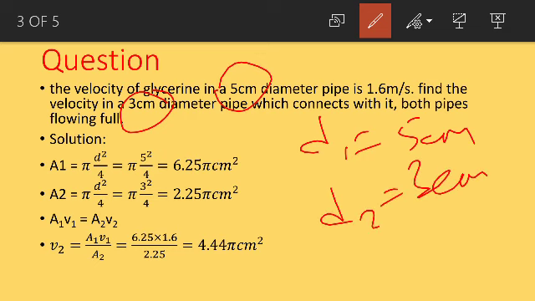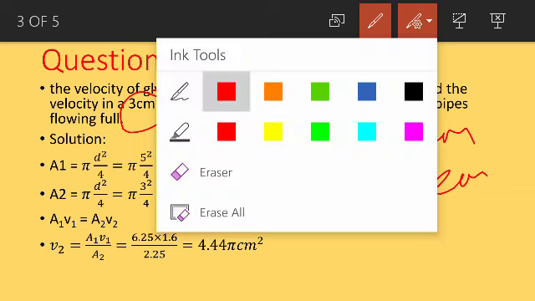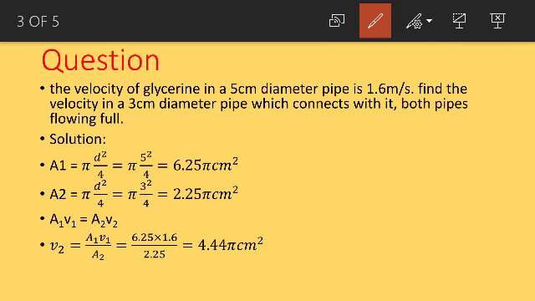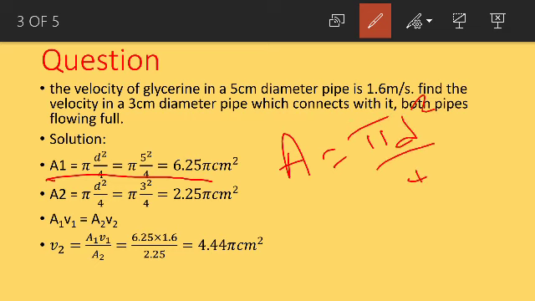Now, in our formula, we don't need D. What we want is the area. So we can go ahead to find the area, because area is equal to pi d squared over 4.